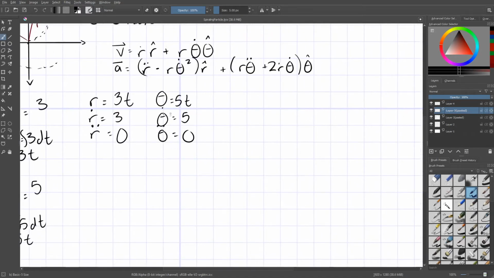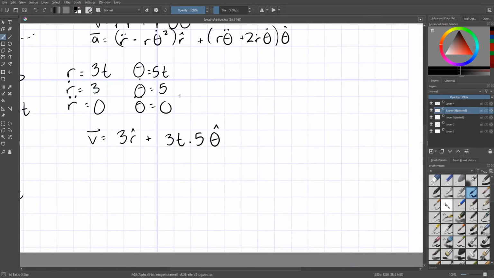So now we go ahead and make our substitutions. So for the velocity, that's just 3 in the r hat direction plus 3t times 5 in the theta hat direction. Now, the next question we have to ask ourselves is, what is t?